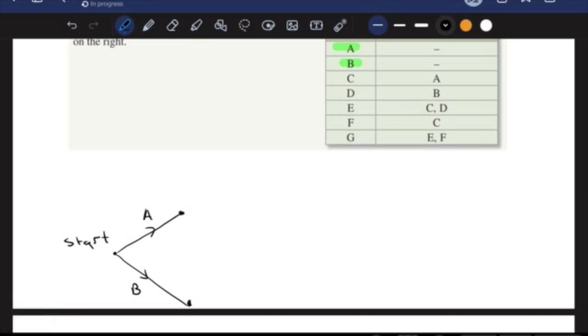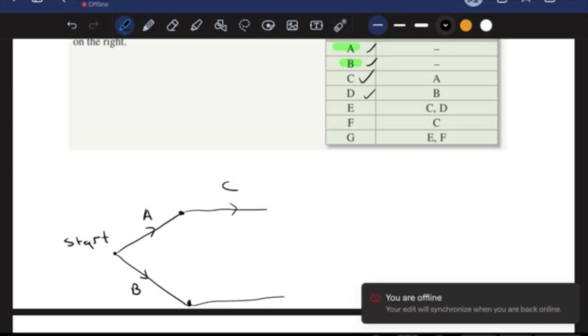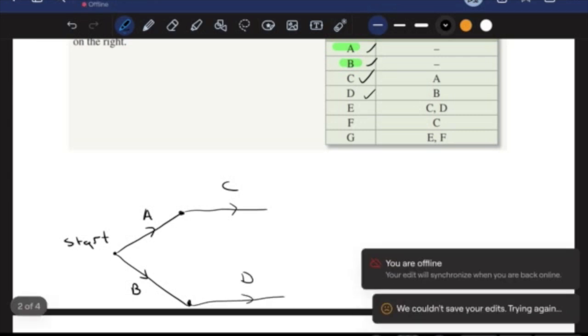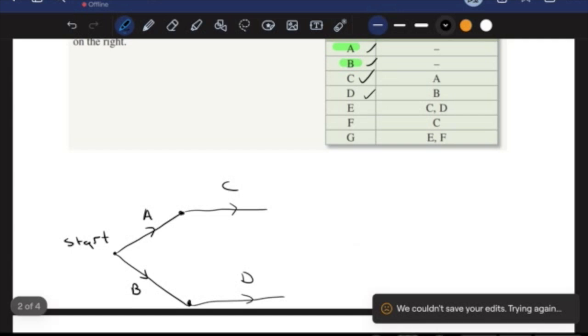Now, moving on, we've done A, B. C has a predecessor of A. So from A, I'm going to get activity C. Done this. And activity D has an immediate predecessor of activity B. So fairly straightforward, like we've normally done before.